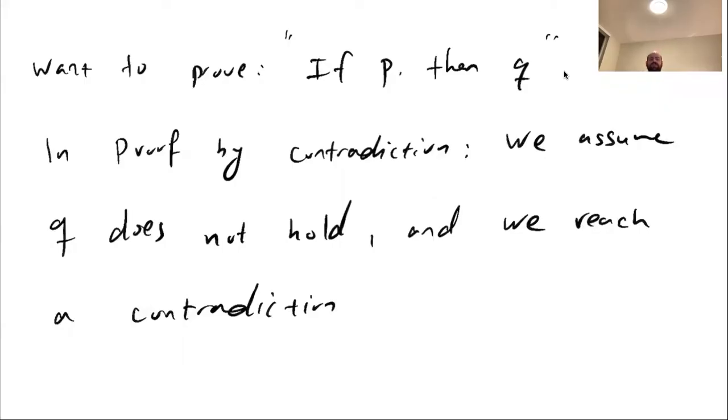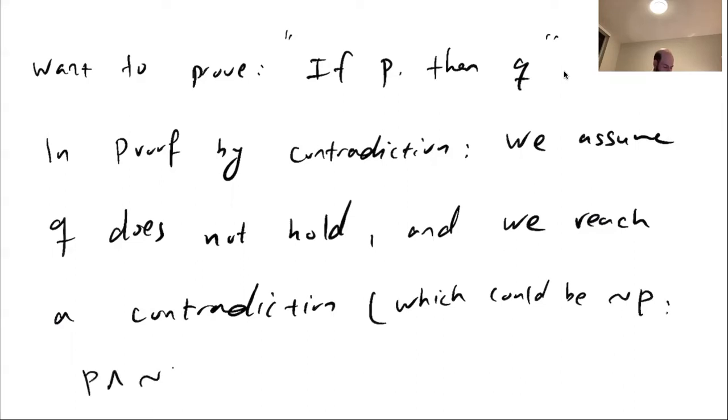Now this contradiction can be negation P itself, because P and negation P is a contradiction. Recall that a contradiction means a statement which is always false, and P and negation P is always false. For example, it rains today and it does not rain today. That's not possible. That's always false, right?